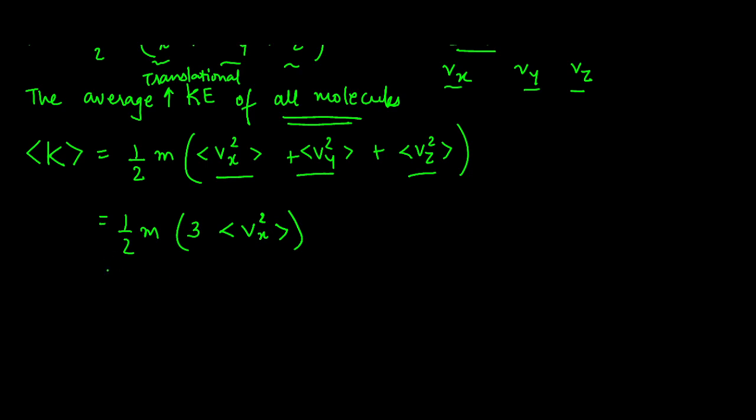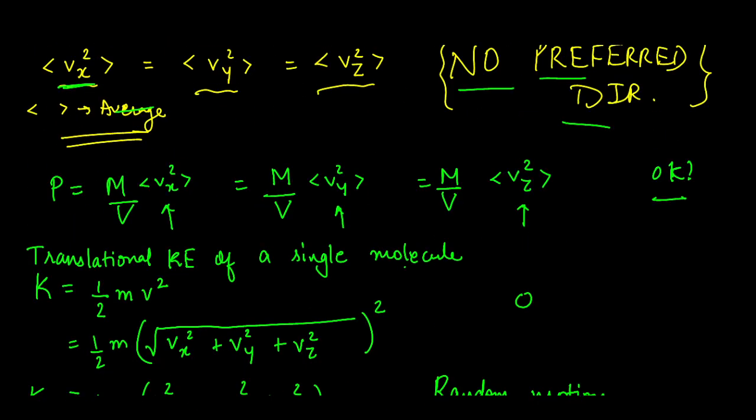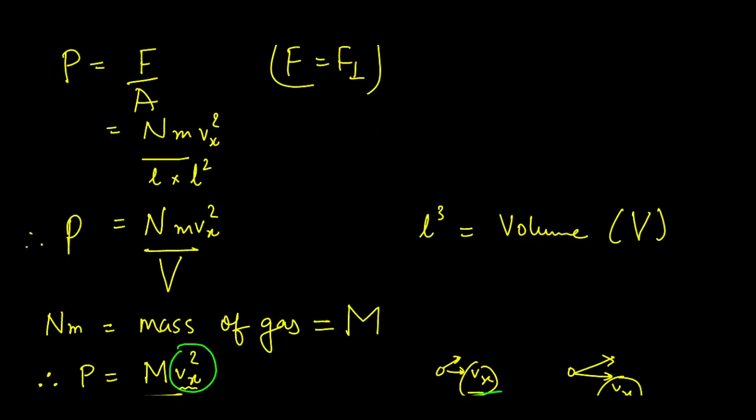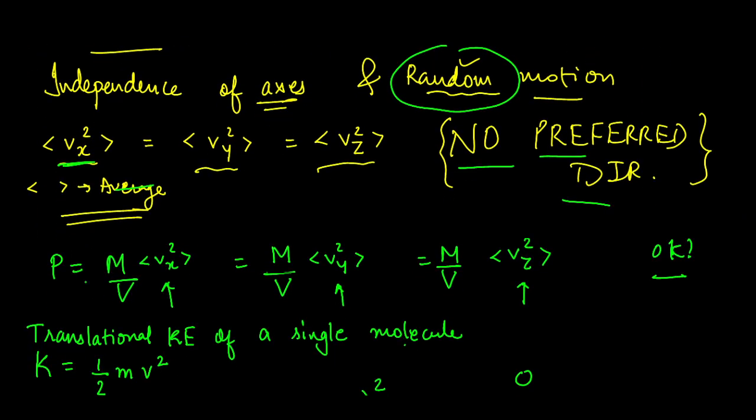Now what we are going to do is we'll take this term from the previous step, the derivation, right? Over there we had mvx square. Okay, where are we? Here, right? Over here, right? So when we took the average, we got it like this.